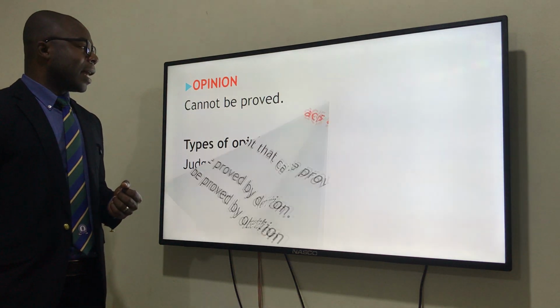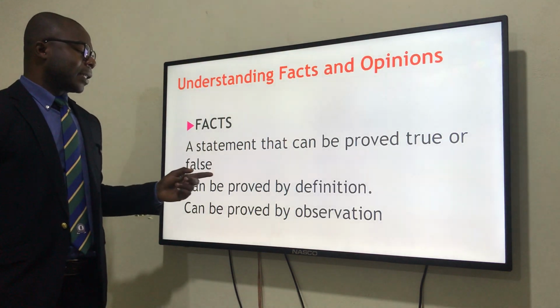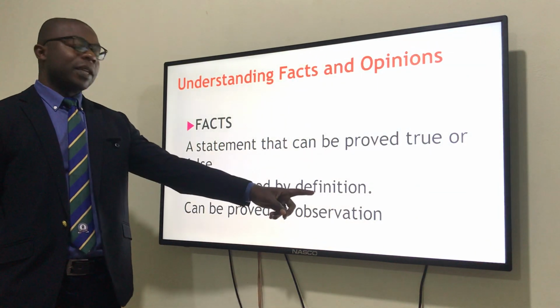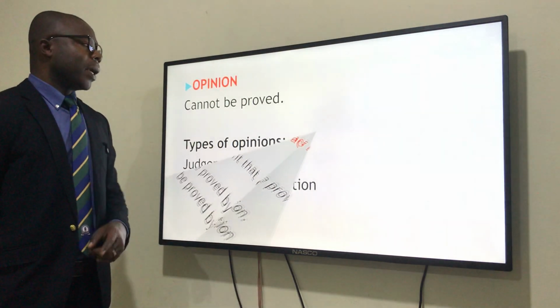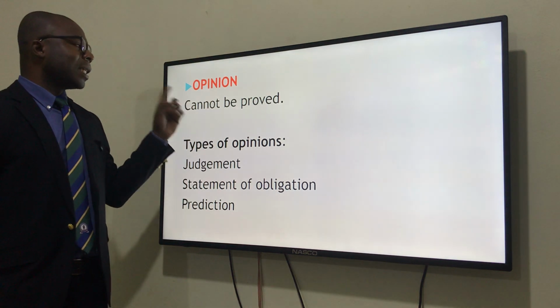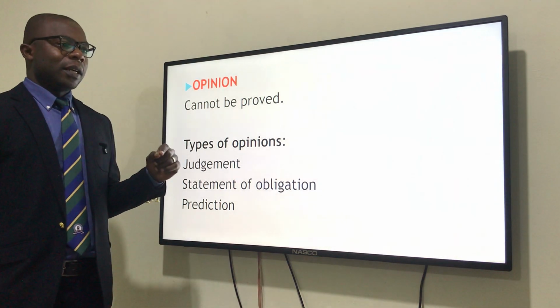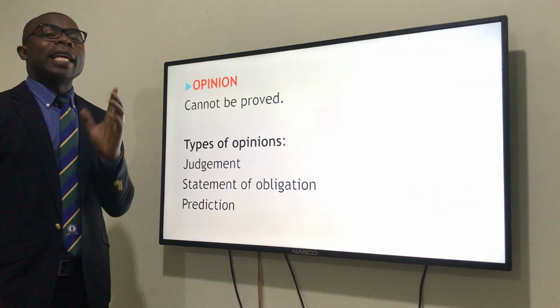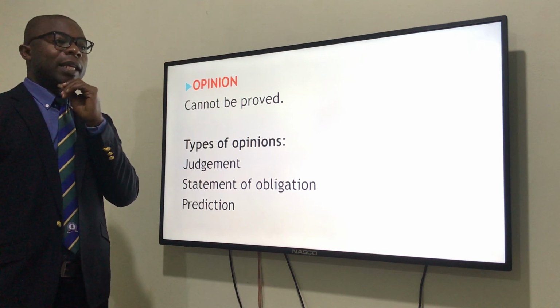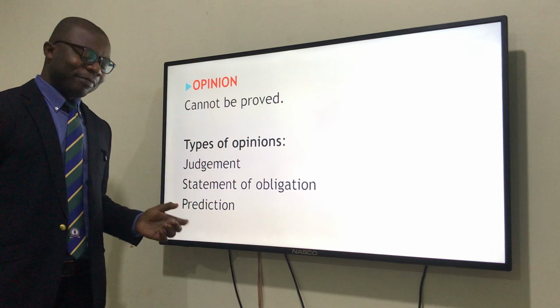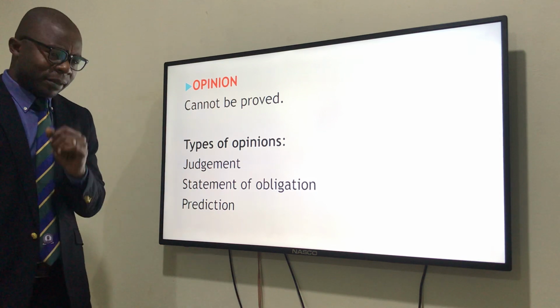We saw earlier that facts can be proved by definition, can be proved by observation. And we came to see that opinions cannot be proved. And then the question comes, what if they are proved? A natural answer will be that then they become a fact. But wait a minute.